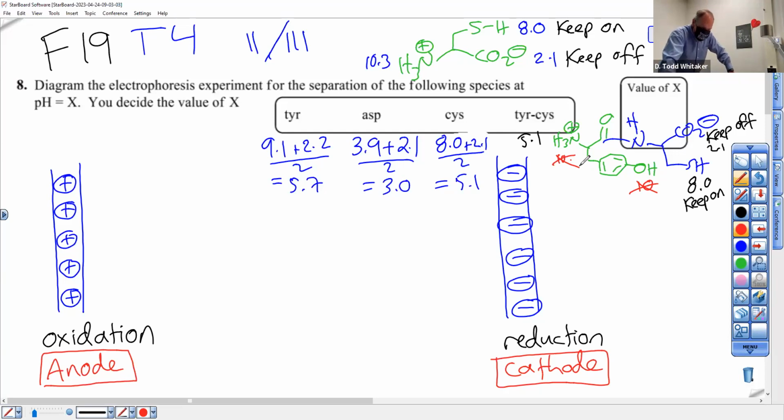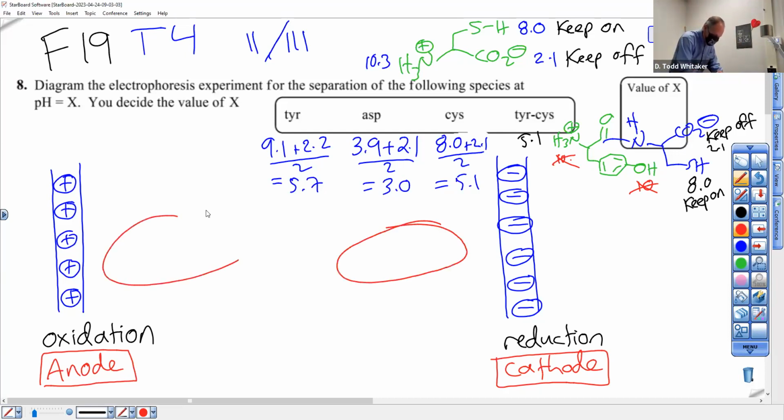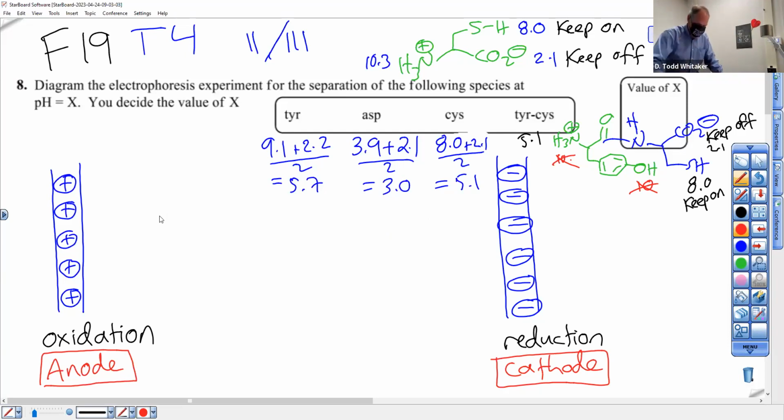Okay, I need an experiment that gets these guys spread as much as possible and I want as many moving to the left and right or as close as I can get to that. So what am I trying to say? What kind of buffer should you pick for this experiment to have as many molecules over here as you have over here? She said 4 because she wanted to get between the highest 5.7 and the lowest 3.0.